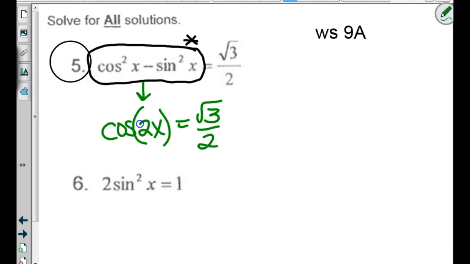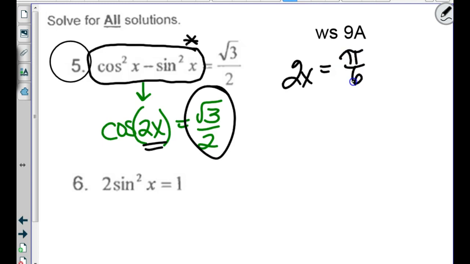Now what would you have to do? Yeah, just ignore that for a minute and say, where is the cosine square root of 3 over 2? Which happens at pi over 6, is that right? And 11 pi over 6?